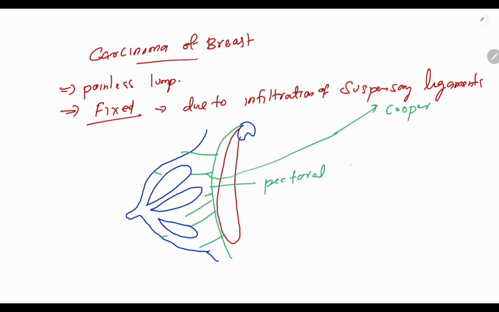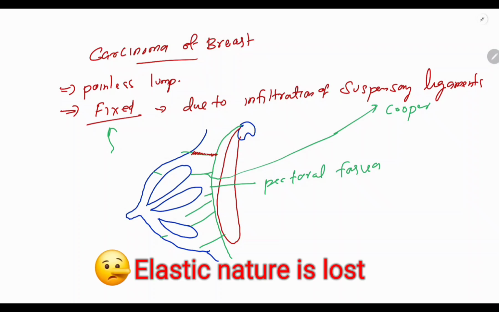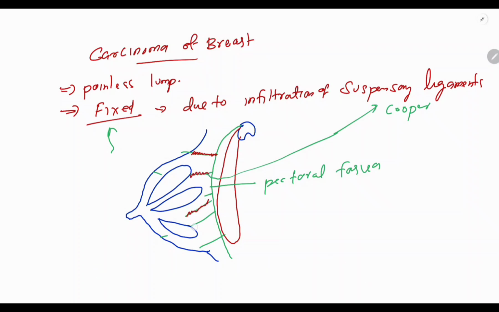So why does the breast become fixed? When the carcinoma infiltrates the structure, the fibrous nature of the suspensory ligament is lost. So there is no mobility and the breast becomes fixed. Is that clear?